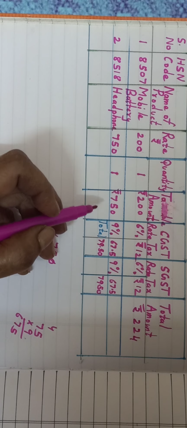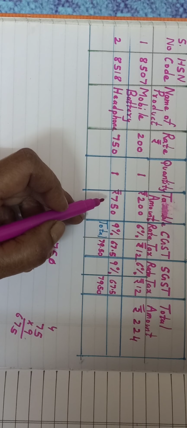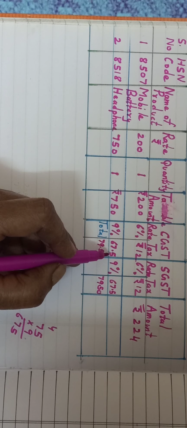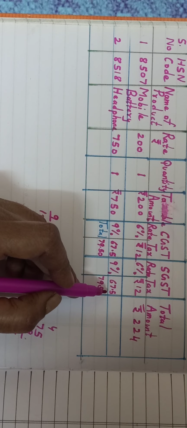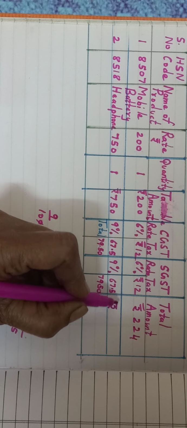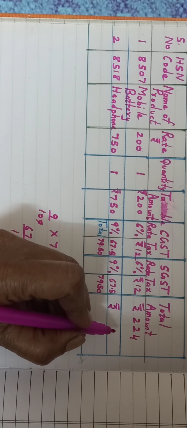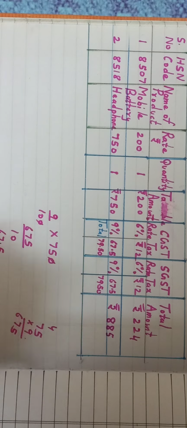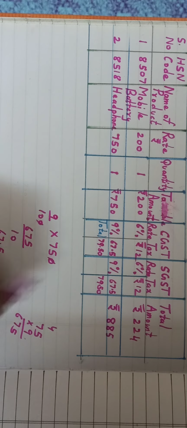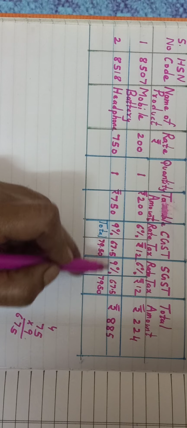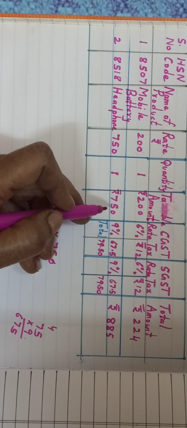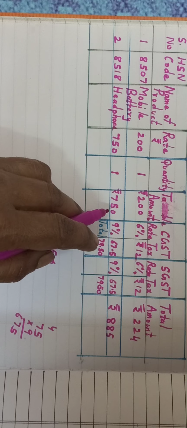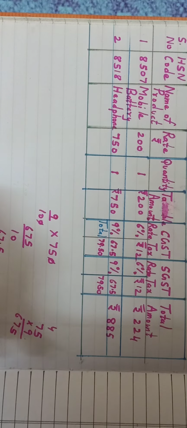And here 750 plus 67.5 plus 67.5. That will give you rupees 885. Okay, this plus this plus this, so many times we repeated. So after solving so many sums, it is given taxable amount plus CGST plus SGST.